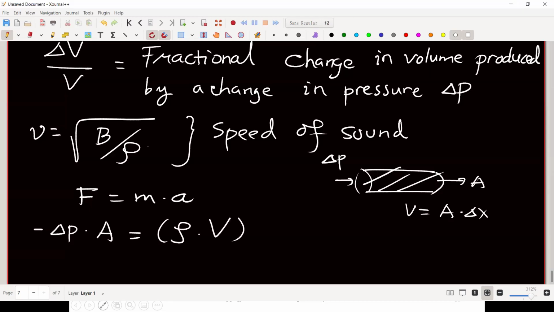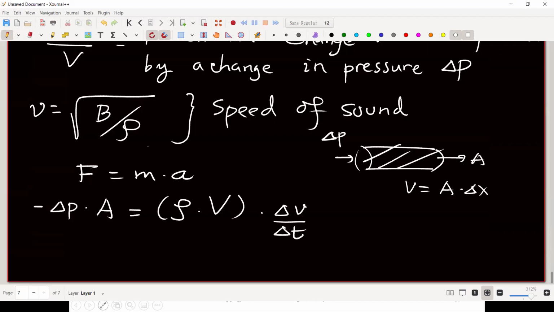Okay, delta P divided by delta t. Okay, then you can write minus delta P A times volume. I mean times x.